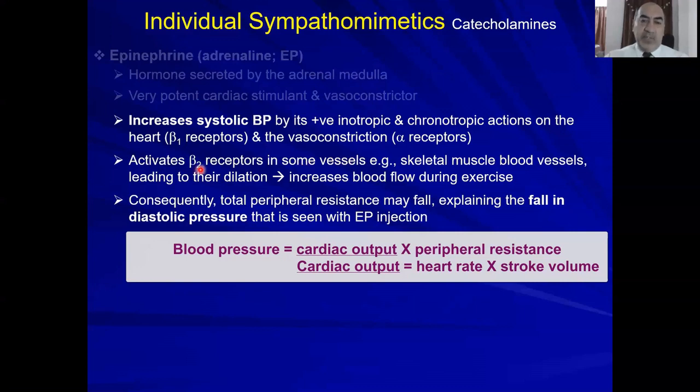This is what happens through the beta 2 receptors. So there is vasoconstriction in the viscera, skin, and so on, and dilatation of the skeletal muscle blood vessels, which increases blood flow during exercise. That's why the total peripheral resistance may fall. This will explain the fall in the diastolic blood pressure seen with epinephrine.